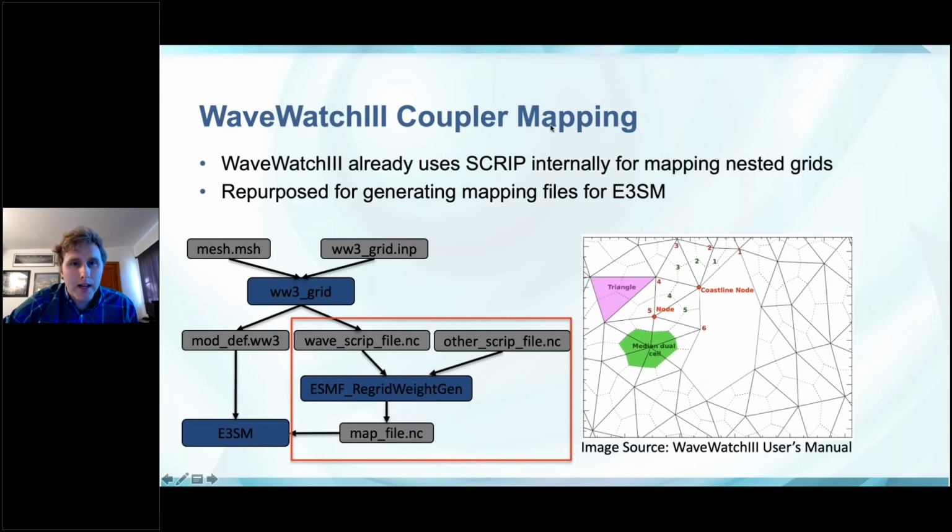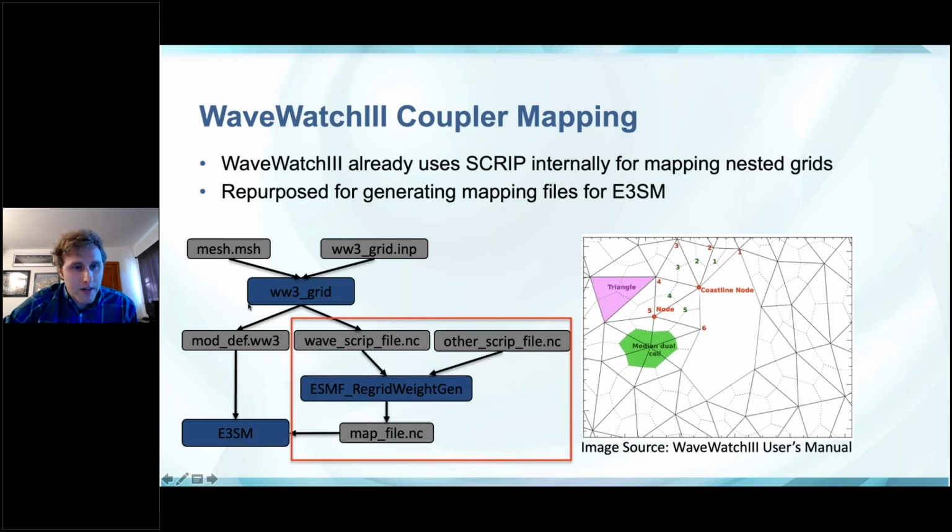So in terms of coupling WaveWatch with other E3SM components, WaveWatch already uses SCRIP internally for mapping its nested grids. And so we've been able to repurpose that to generate mapping files for E3SM.